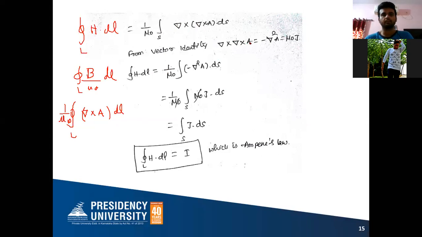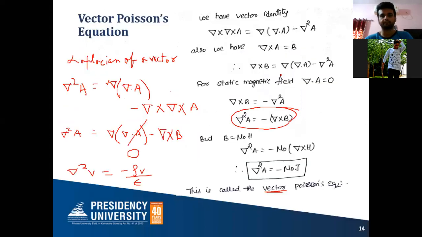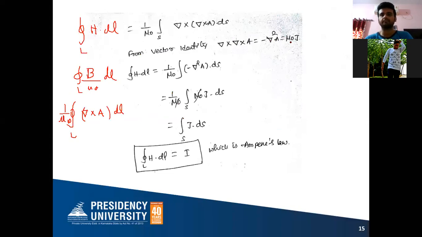Now, just now I got from the vector identity, del cross A equals minus del square A, equals mu naught into J. See the previous slide. Del dot A equals 0, so this part becomes 0. So del cross A equals minus del square A. Minus del square A equals mu naught into J. That's what I got.